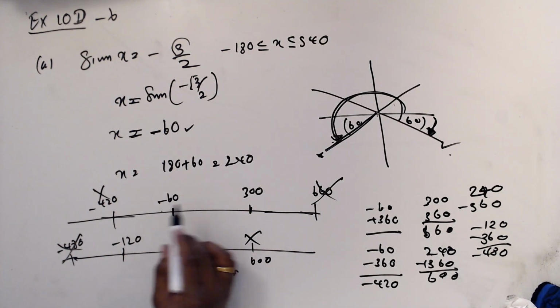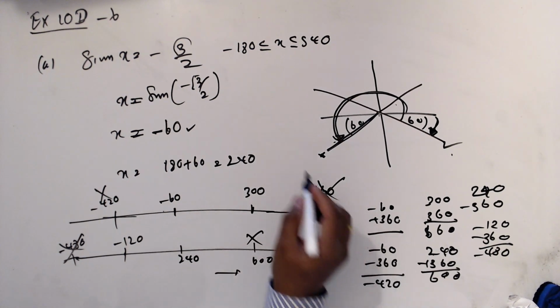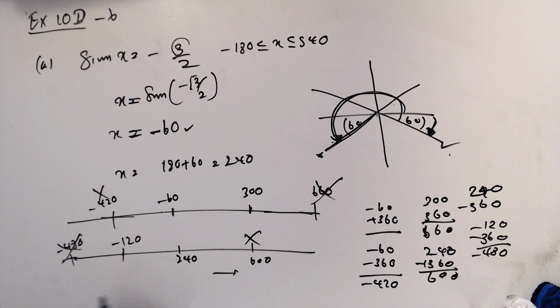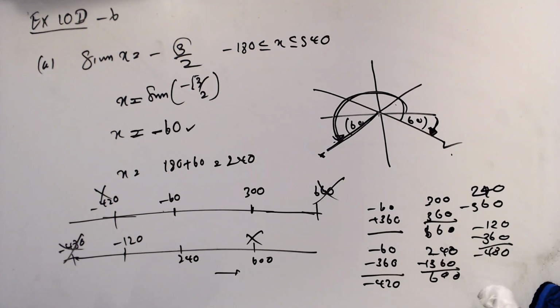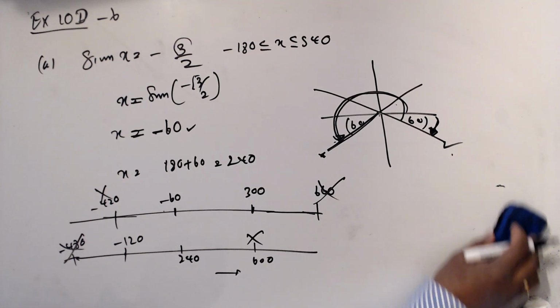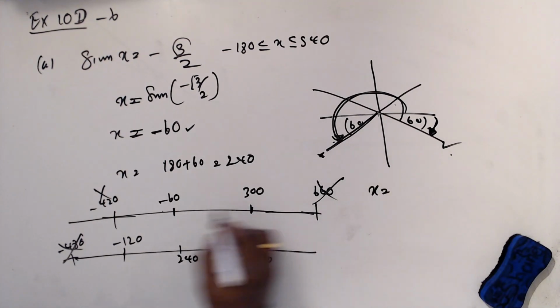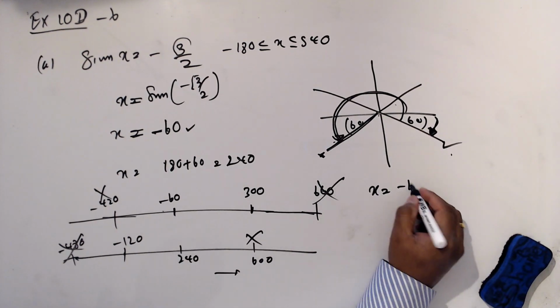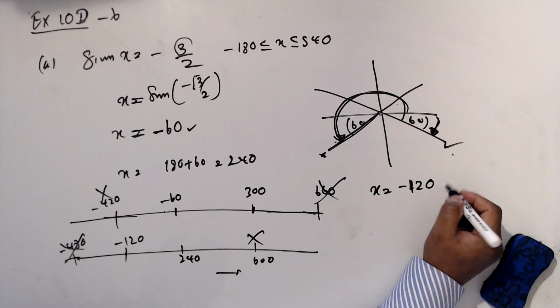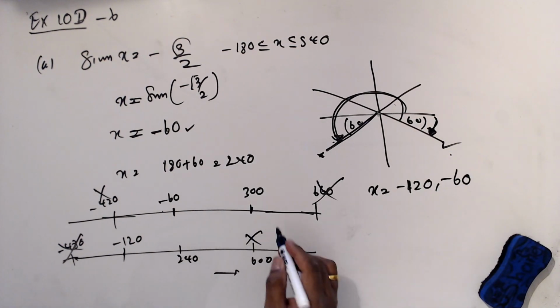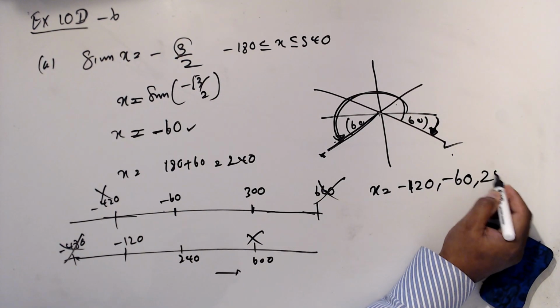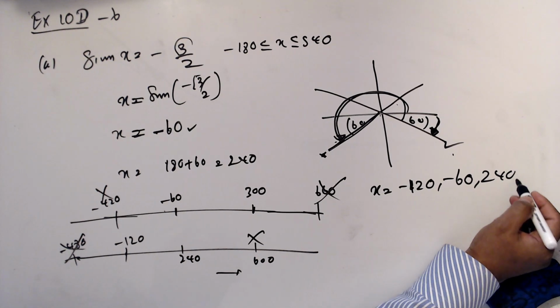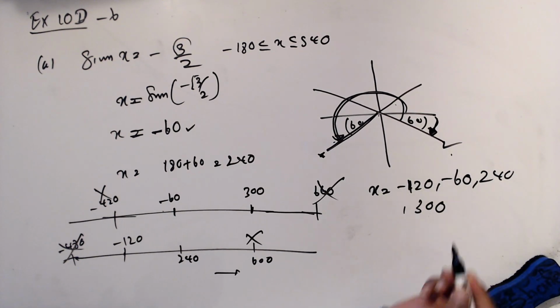X equals minus 60. Actually, we'll start here: minus 120, then minus 60, then 240, and the last one is 300.